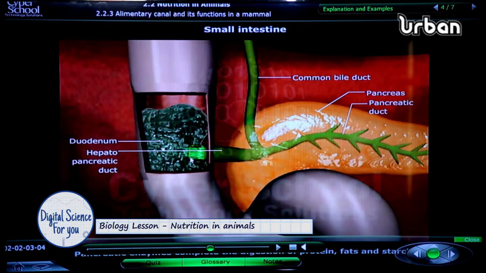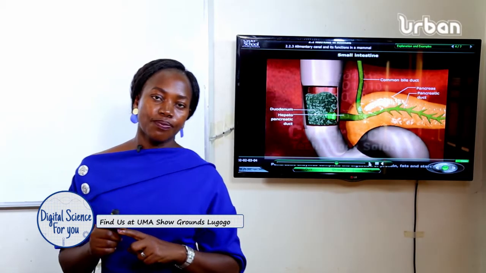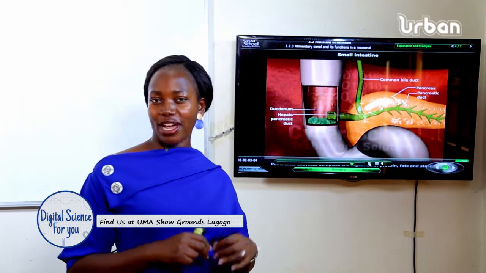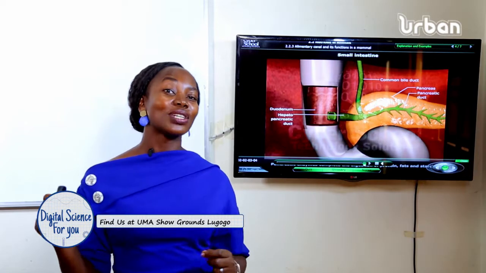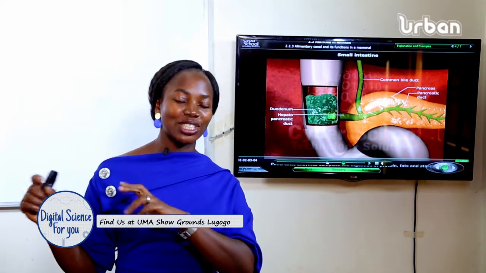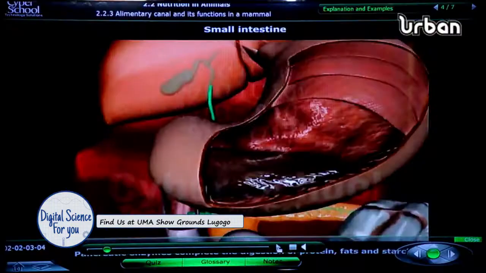This pH should range between 7 to 8. So sodium hydrogen carbonate ensures that. Then the organic salts are responsible for emulsification of lipids by breaking down the lipids into small or tiny droplets, and that increases the surface area for enzyme action.